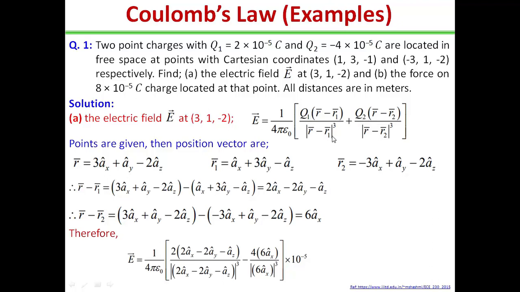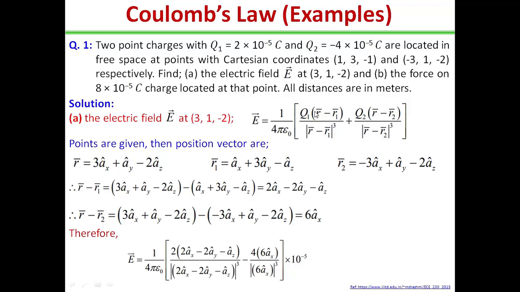We have already discussed this formula, and in this formula we know the value of 1/4πε0. In the question q1 and q2 are already given, and r is the position where we want to calculate the electric field. So r is defined as 3ax + ay - 2az, and r1 and r2 are the positions of charges q1 and q2.